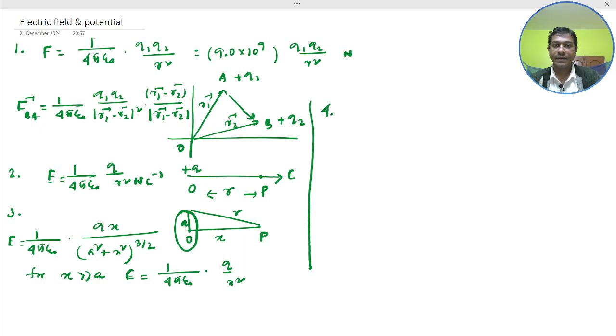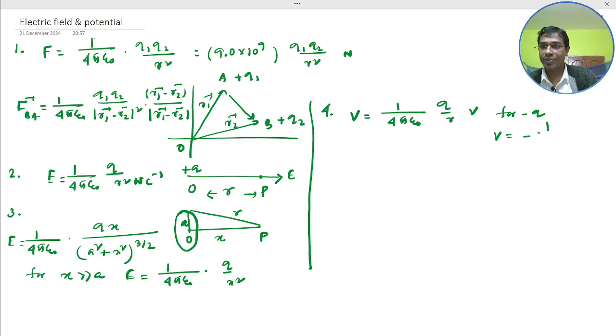The potential at a point due to a point charge is defined as V equal to 1 by 4 pi epsilon naught Q by R, in volts. For a negative charge minus Q, we just take the minus sign, so V equals minus 1 by 4 pi epsilon naught Q by R.